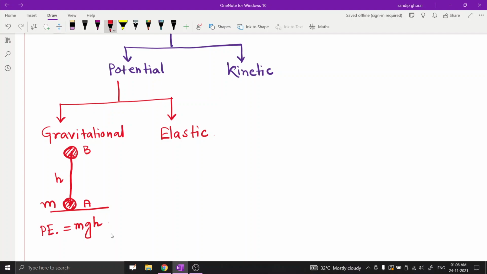So the gravitational potential energy mgh is stored in the body.